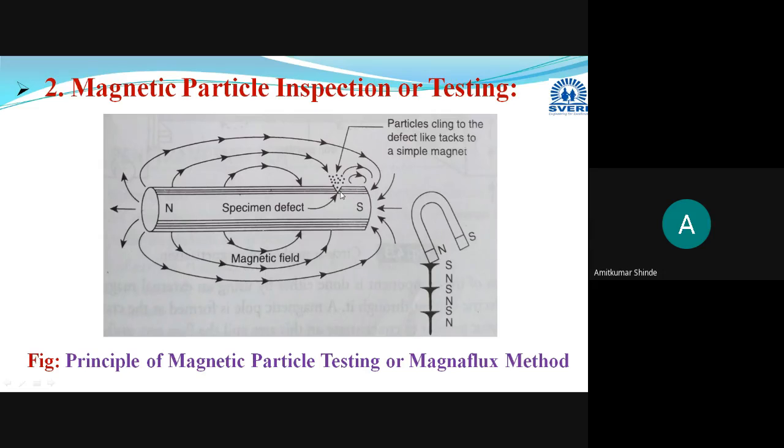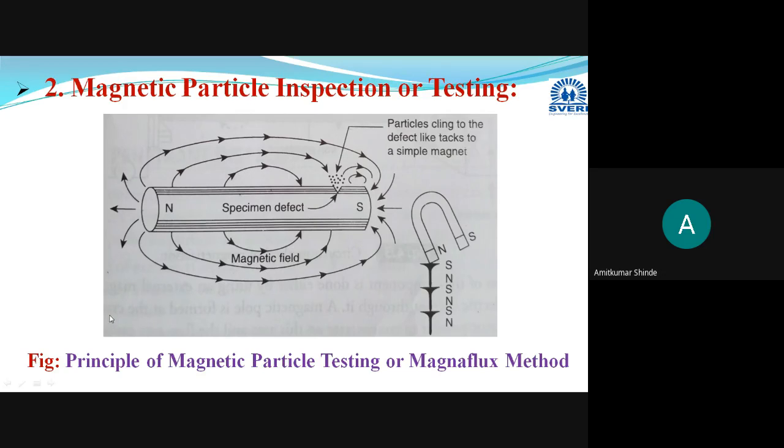How is the principle used here? It is conducted in two or three stages. In the first stage, the component is magnetized, meaning we are creating a magnetic field in that specimen. This magnetic field is created by passing alternating current or direct current through the component.